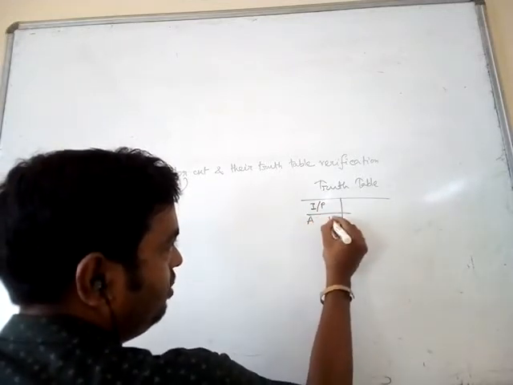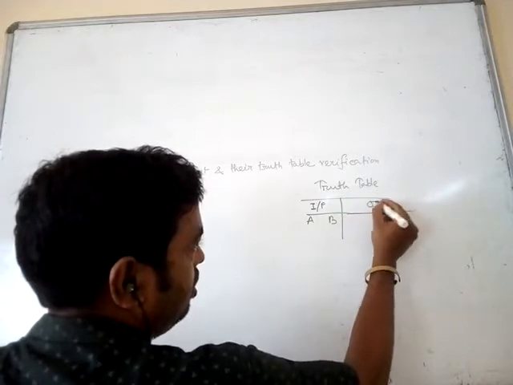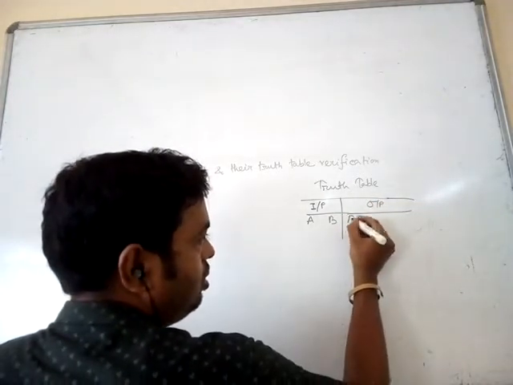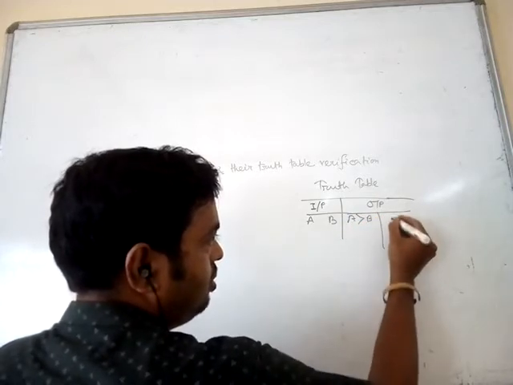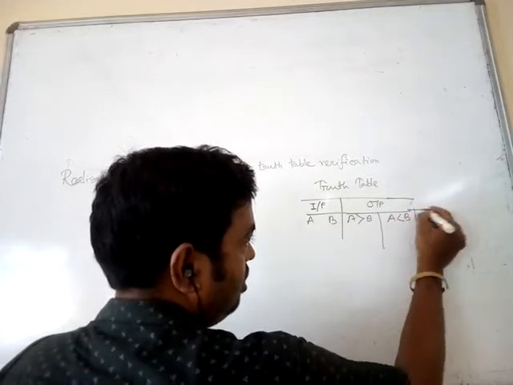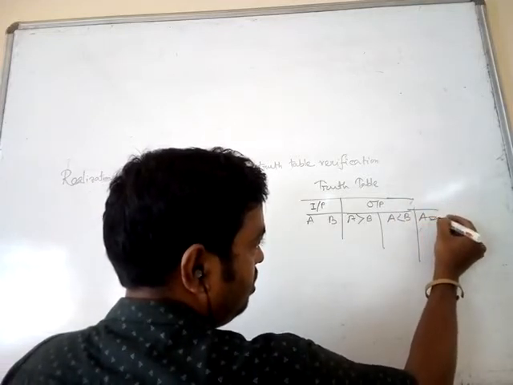Inputs are A and B. We get 3 types of output: A greater than B, A less than B, and A equals to B.